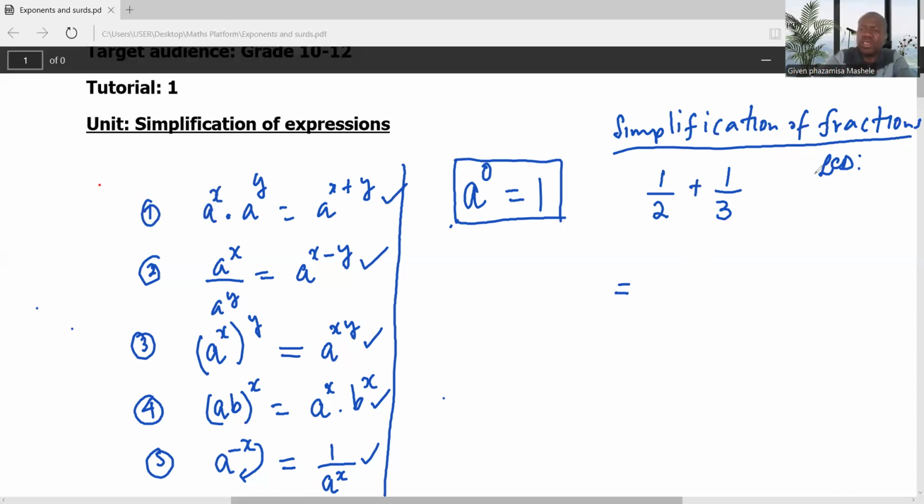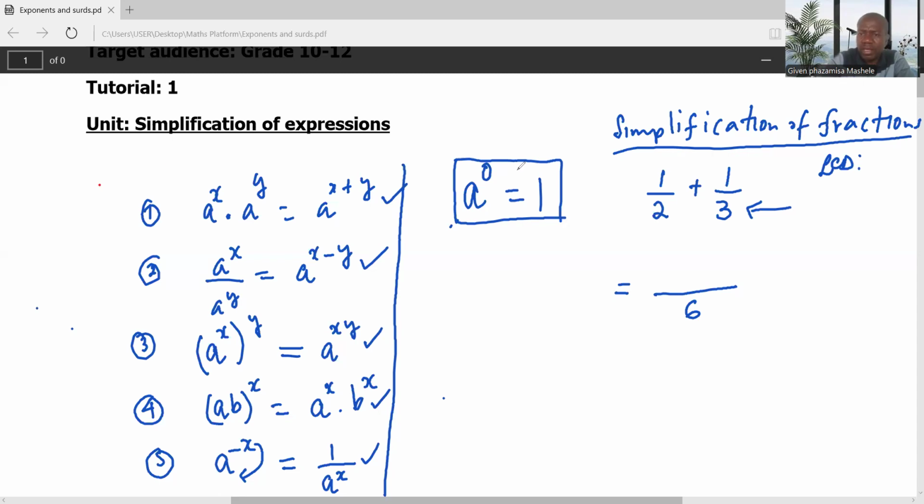But to avoid doing this, we're just going to use a short method. We always look at the denominators and multiply them. So 2 multiplied by 3 gives us 6. Then after multiplying the denominators, we apply cross multiplication.